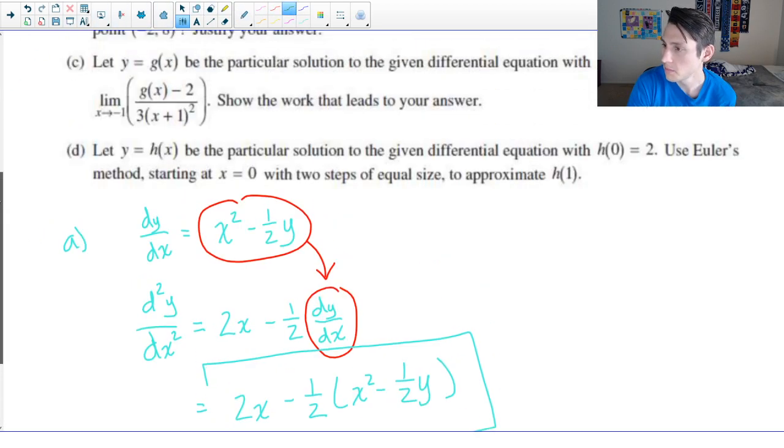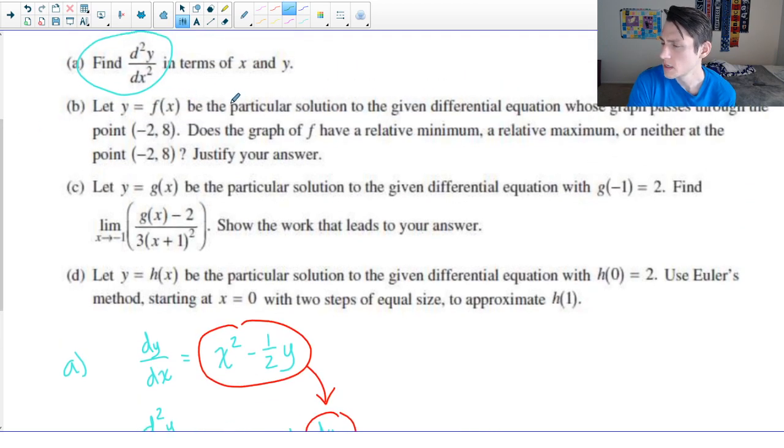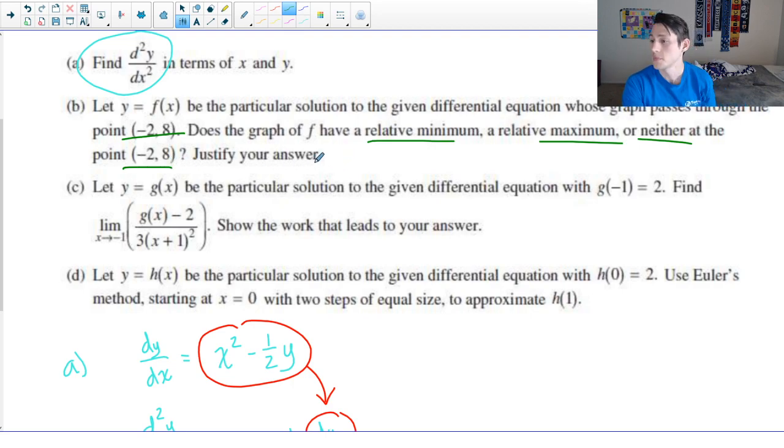Okay, part B. Let y equals f of x be the particular solution to the given differential equation whose graph passes through the point (-2, 8). Does the graph have a relative minimum, relative maximum, or neither at the point (-2, 8)? Very similar to our last problem.